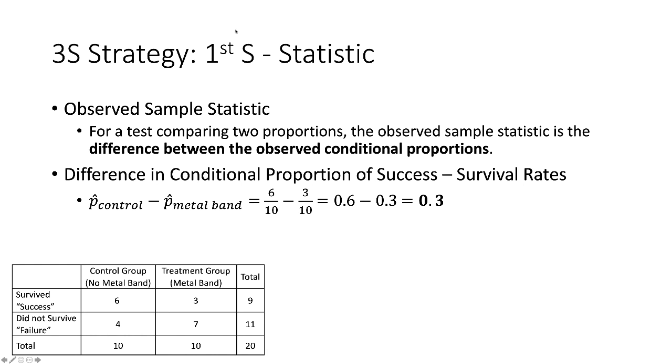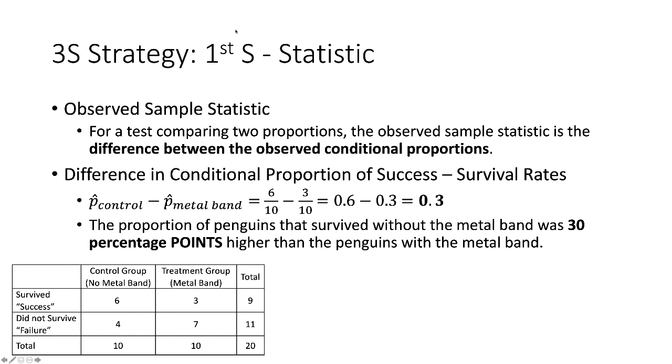In other words, we calculated the difference in survival rates of penguins in the two different groups. So we took our sample proportion from the control group and subtracted the sample proportion in the metal band group. So we took 6/10 minus 3/10, and that gave us a difference of 0.3 or 3/10.